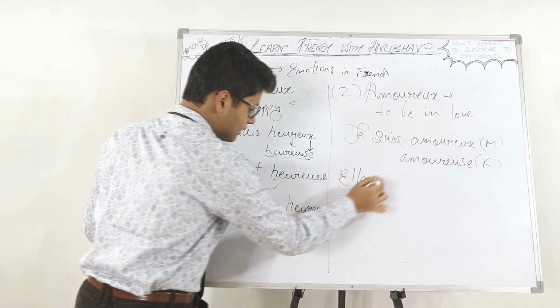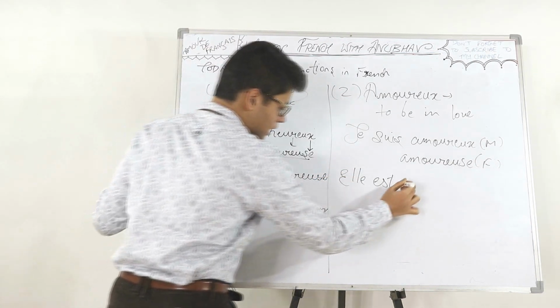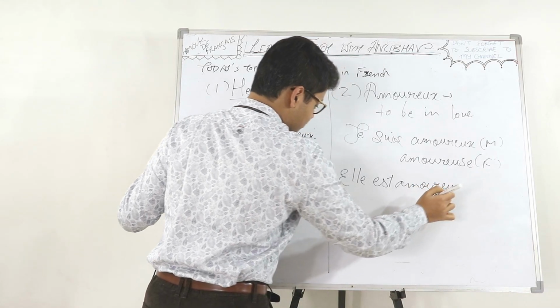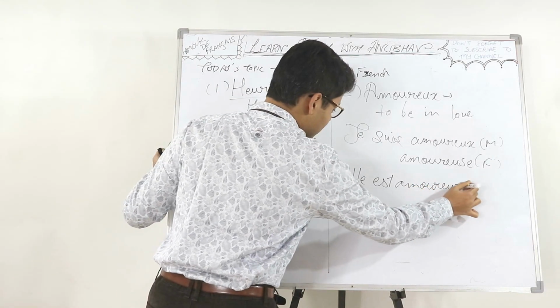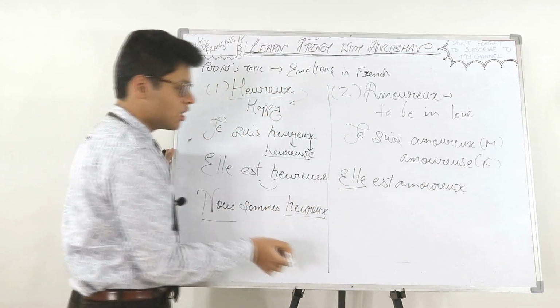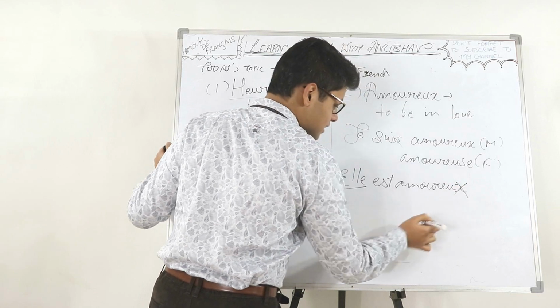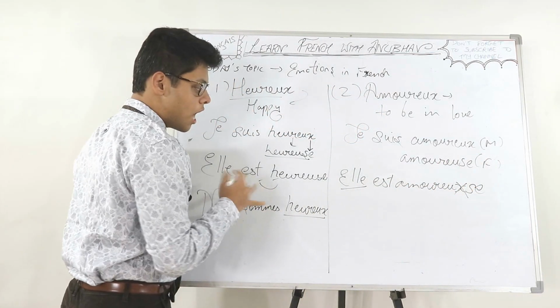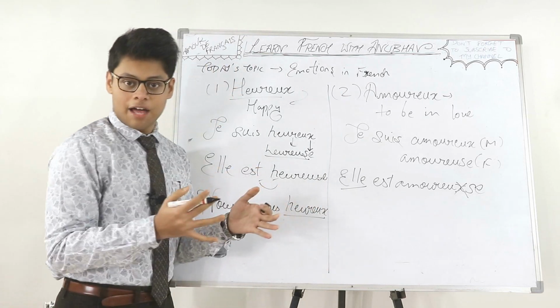With elle, it's the same. Elle est amoureux. Oh, it's not amoureux. If I write amoureux, it will be wrong because the subject is a feminine subject. So, remove the X right here and add SE, amoureuse, like she is in love.